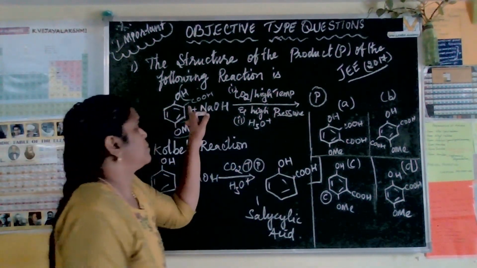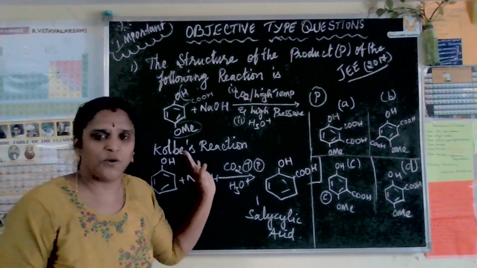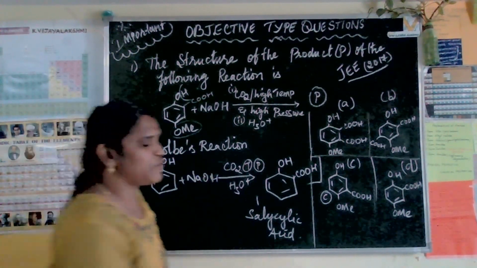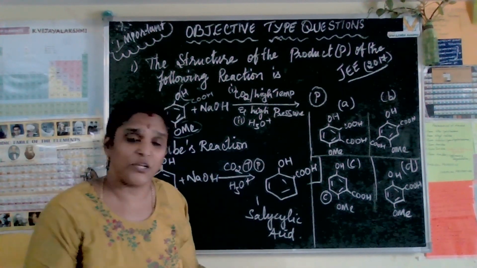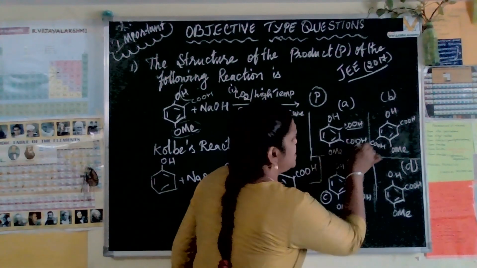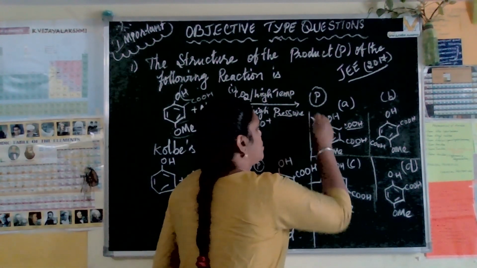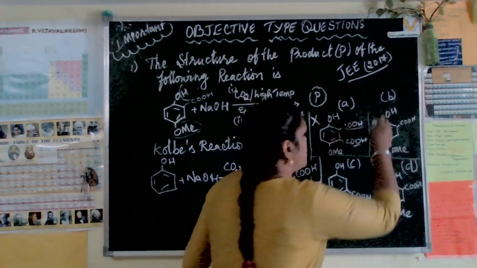That means the COOH group should be at the ortho position only. Before I give the answer, I know you can identify the correct one. This one is a dicarboxylic acid, which is not possible. This also has ortho and para, which is not possible.